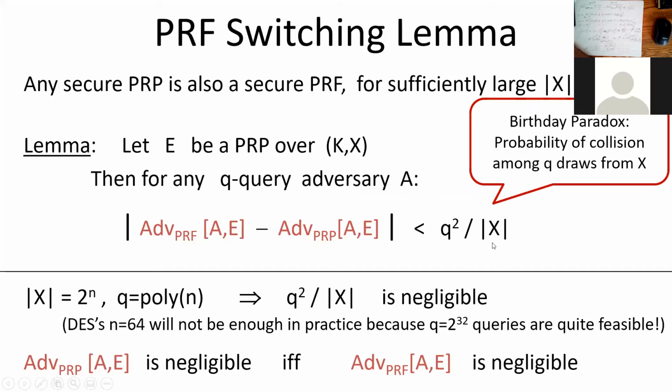For example, think of DES. Its outputs are only 64 bits long. So the space here is 2 to the 64. That means that already with q equal to 2 to the 32, this is the same as that. So this bound is basically meaningless in the case of DES, already when q is just 2 to the 32. 2 to the 32 is 4 billion. And 4 billion is not that much, right?